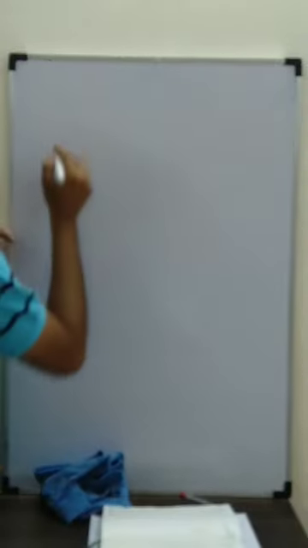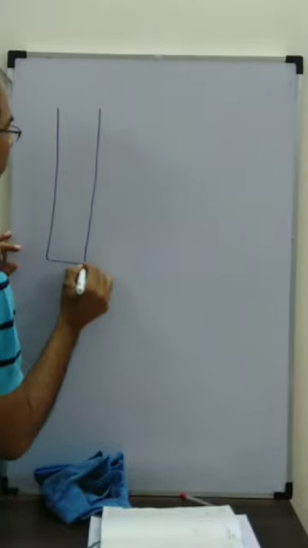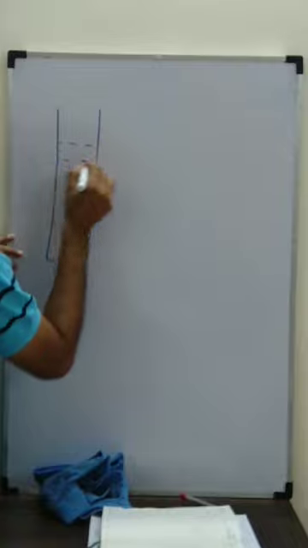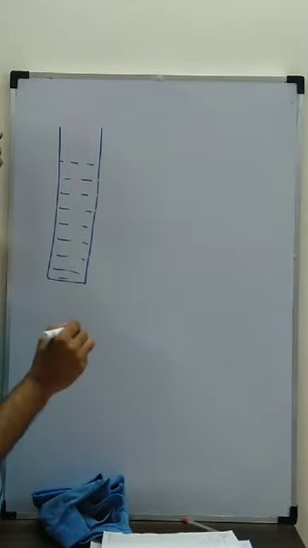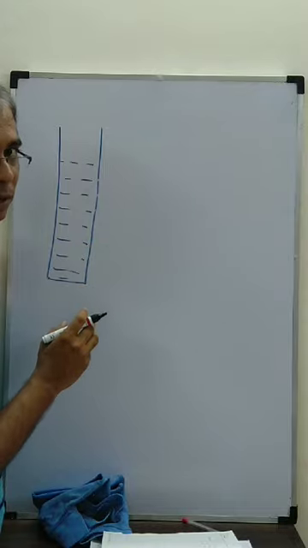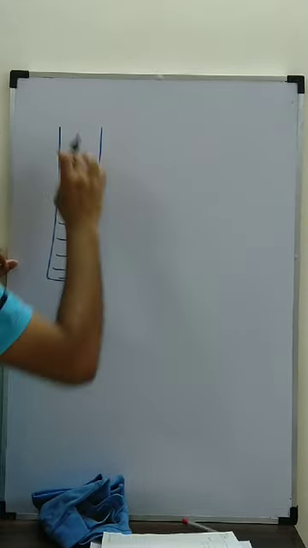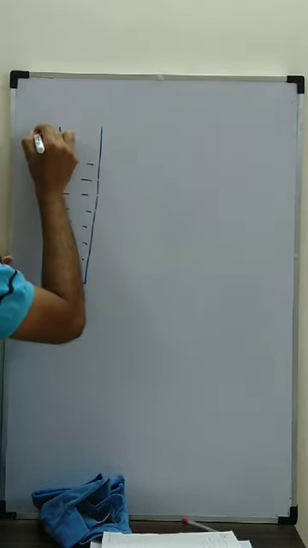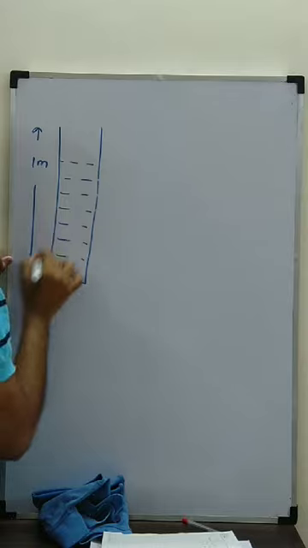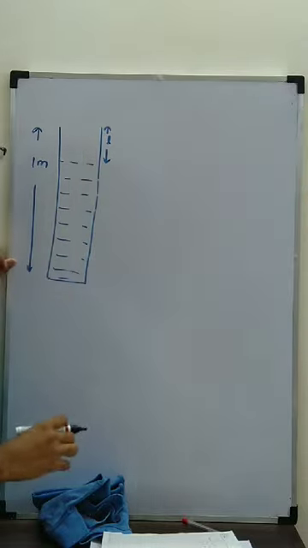So here is a tube, and we are keeping water in it. Where will the resonance happen? Resonance will happen in the length which contains air. The effective length, the tube is 1 meter, and we have to find this length.